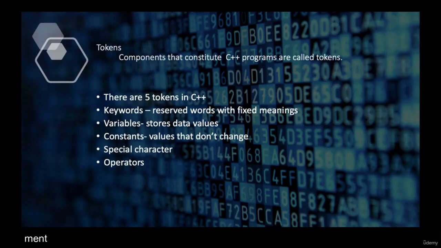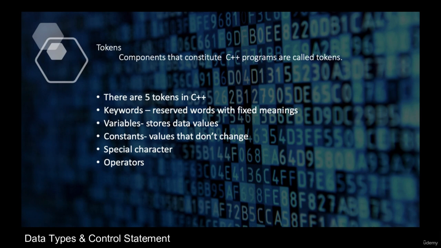There are a lot of components in our C++ programming language which actually constitute C++ programs, and we call these components tokens. Talking about tokens, we have mainly five tokens in C++: keywords, variables, constants, special characters, and operators.